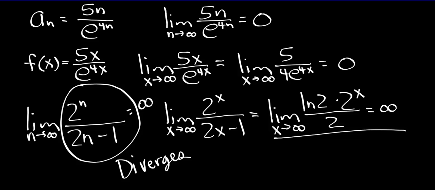So here's the case where we say this sequence diverges. So when we talk about limits of sequences, we're going to find the limit, and it's going to be a number, or we're going to find a situation like this where it blows up to infinity, and we're going to say it diverges.